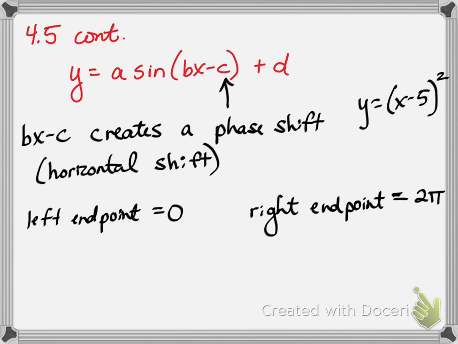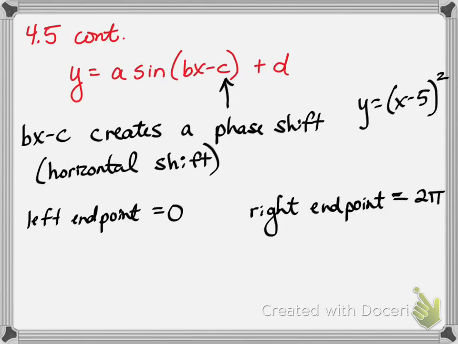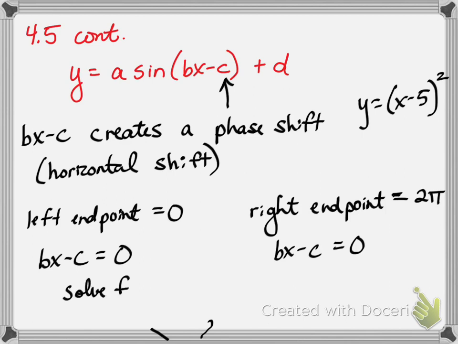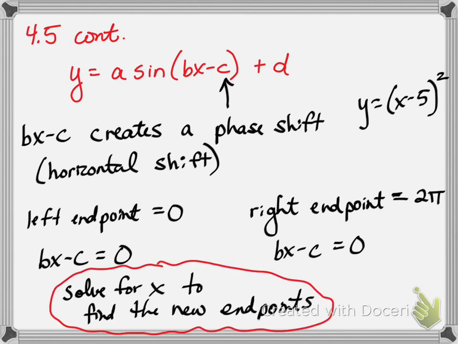So let's see what that looks like. What we'll do is set bx minus c equal to the left endpoint, and bx minus c equal to the right endpoint, and solve for x to find the new endpoints. Let's see what one looks like.